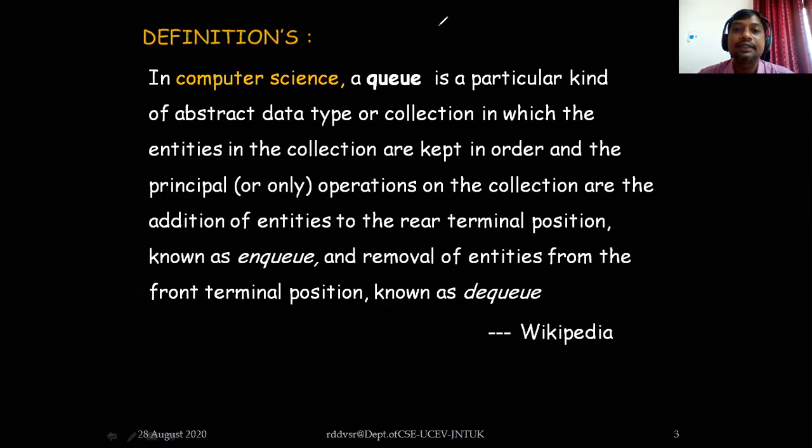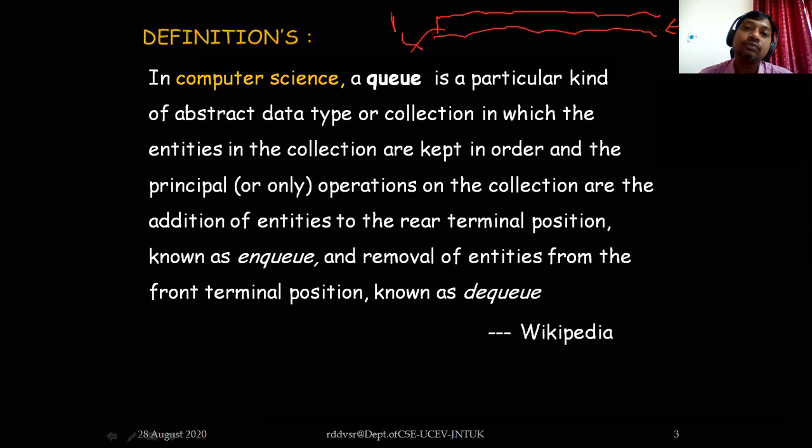If you want to insert anything, we'll insert from this end, and if you want to remove or delete anything, we'll remove from this end. Basically, it's a linear data structure in which the insertions are performed at one end and the deletions are performed at the other end.